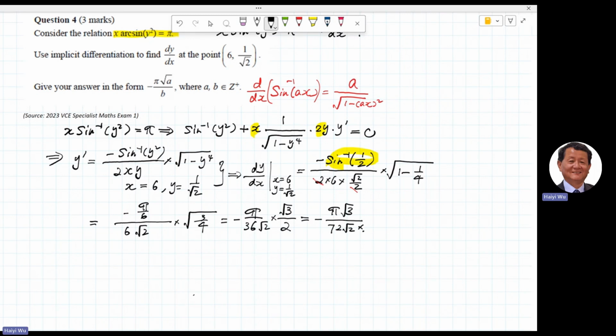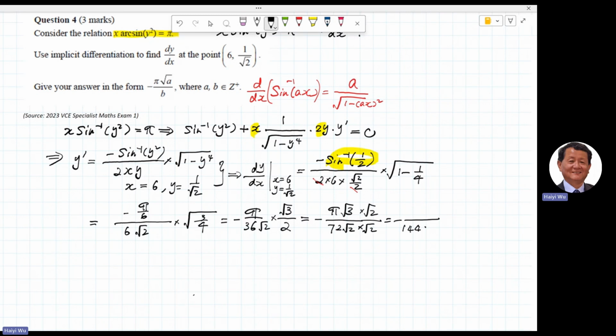Now we rationalize the denominator. Multiply by square root 2 on both top and bottom, because square root 2 times square root 2 is 2.